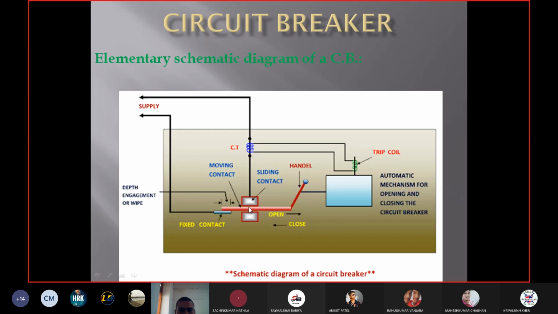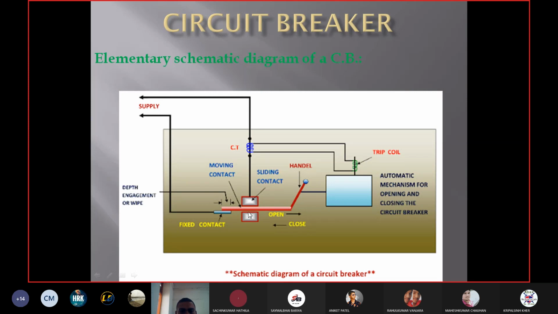These two boxes with a red boundary are the sliding contacts. This sliding contact slides on the moving contact, and this pink colored rod is the moving contact.